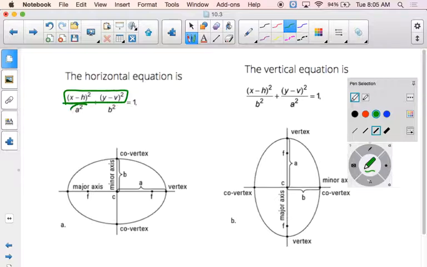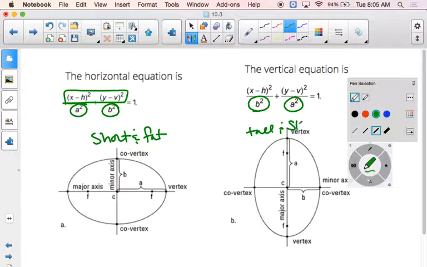The difference is that now we have a squared and b squared that we divide by, which either spreads it out or makes it skinny. So the horizontal ellipse is short and fat, okay? And for your vertical, the difference is just that your a squared and b squared are switched, and that makes it tall and skinny.